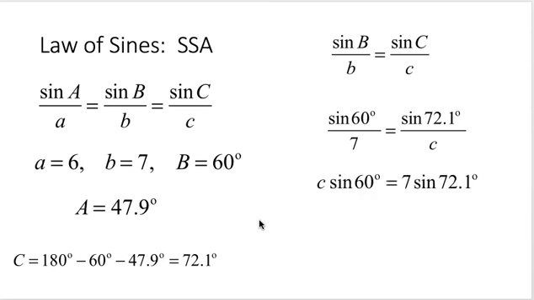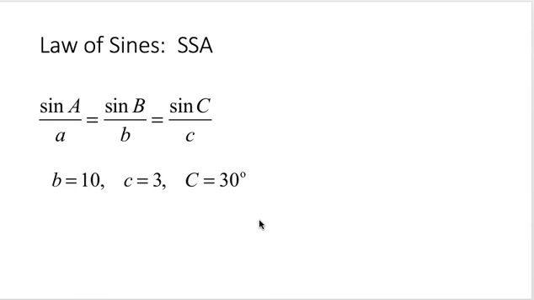Dividing both sides by sine 60, dividing both sides by root 3 over 2, we get an approximate answer of 1.01. So we have all three sides and all three angles, and we have completely solved that SSA triangle that only had one solution. Now our next example is going to have more than one solution, I think.